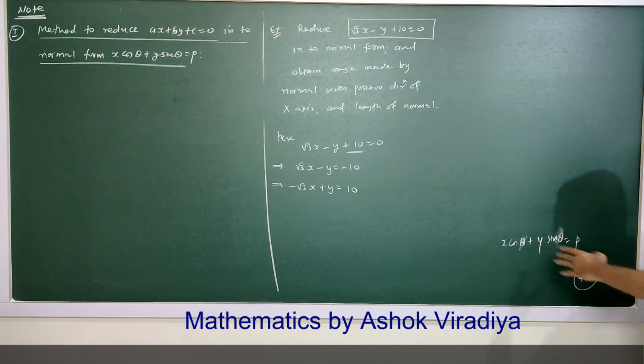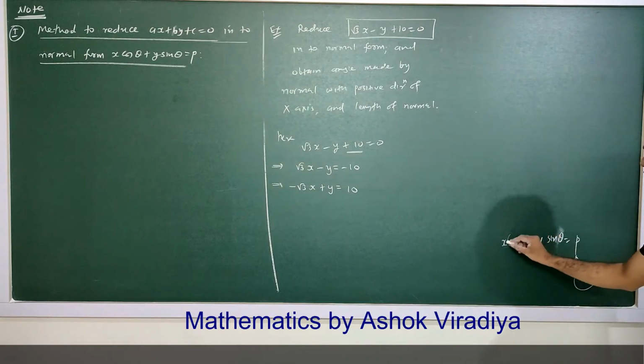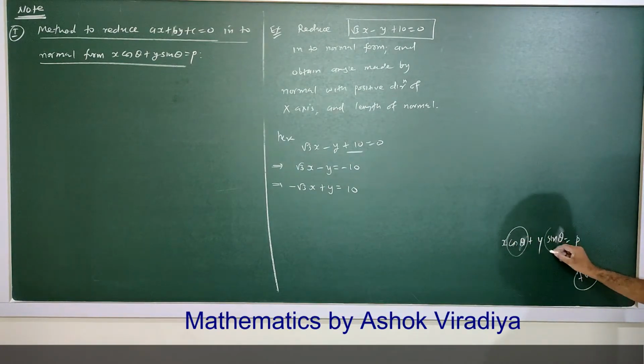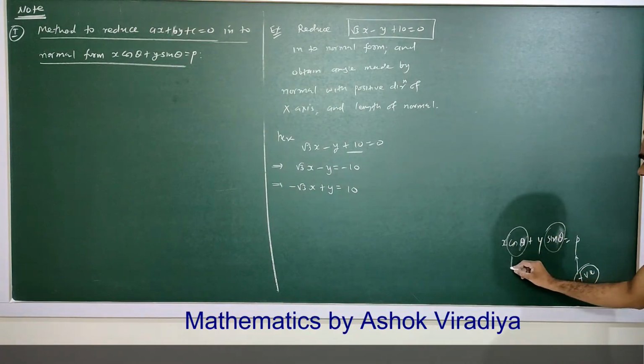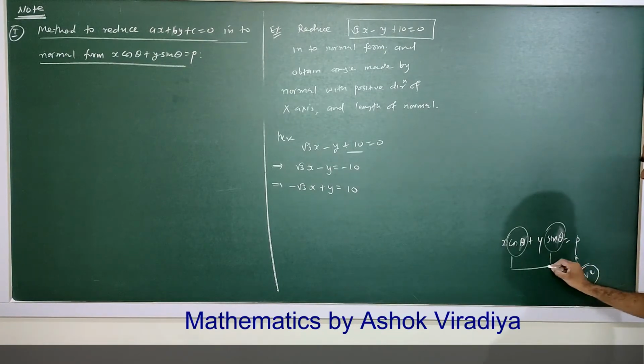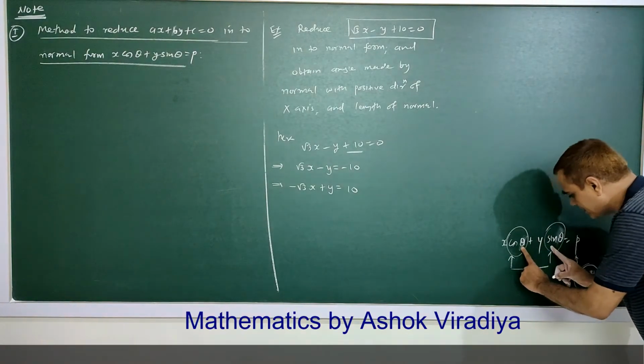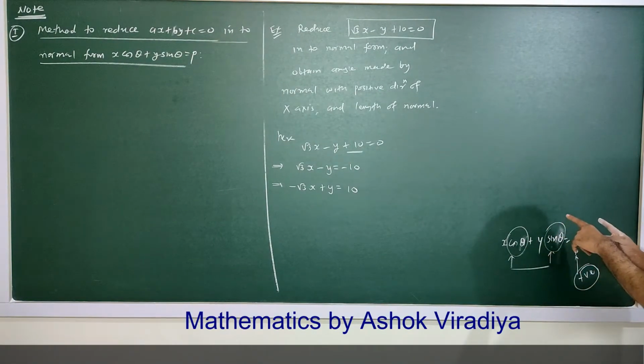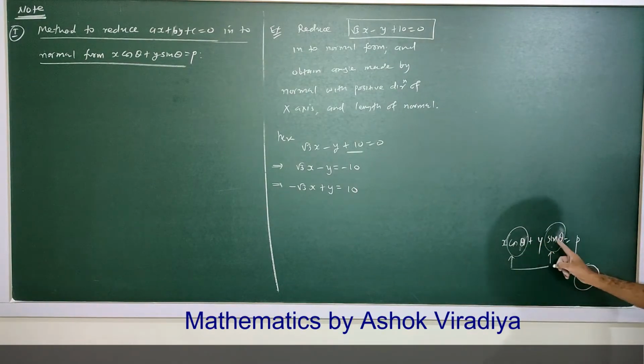But it does not mean that p is that number, because you have to set two values as coefficients of x and y, which are values of cosine and sine, so the sum of their squares must be 1. This is cos theta, this is sin theta.